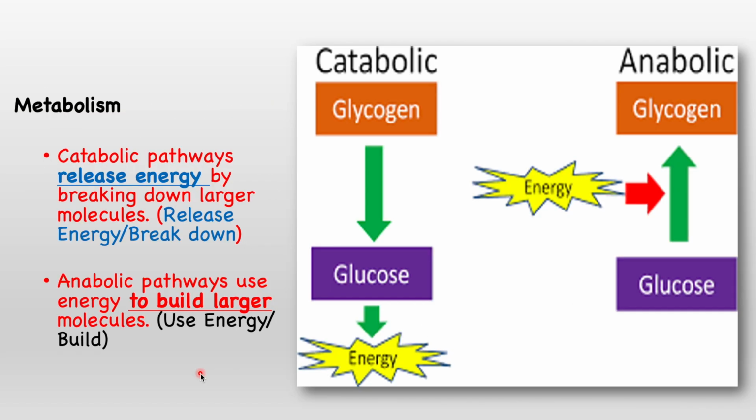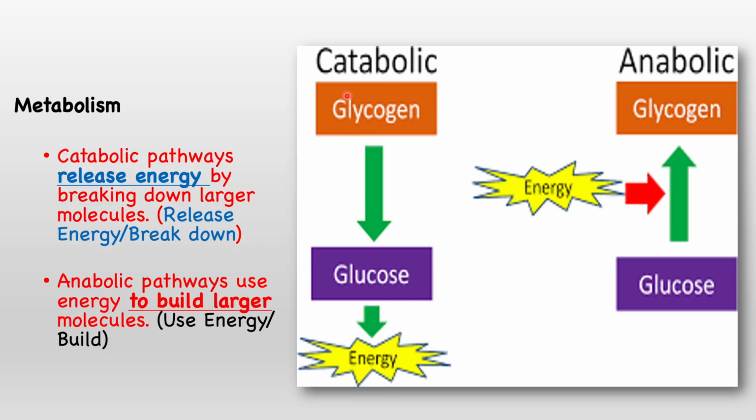Let's take an example about metabolism. According to energy, we have two types of chemical reactions, catabolic and anabolic. Catabolic pathways release energy by breaking down large molecules, like here. Glycogen is a polysaccharide. When we break it down to glucose, we release energy.